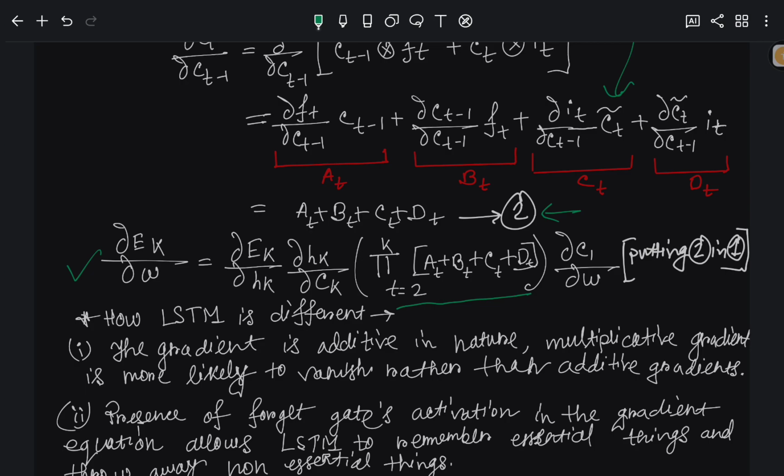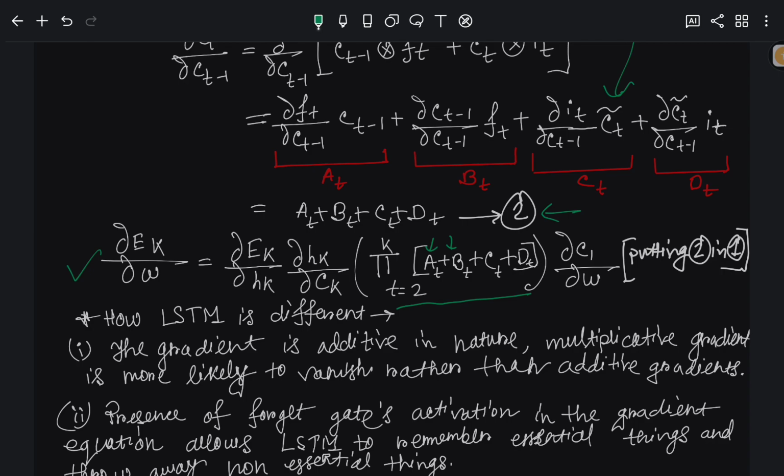Because this term is additive in nature, if all these values are very small and we sum them, it will not vanish as we saw in the case of RNN. If we multiply small values, the values will become much smaller. But in the case of addition, it's not the case, so it will not have the problem of vanishing gradient.